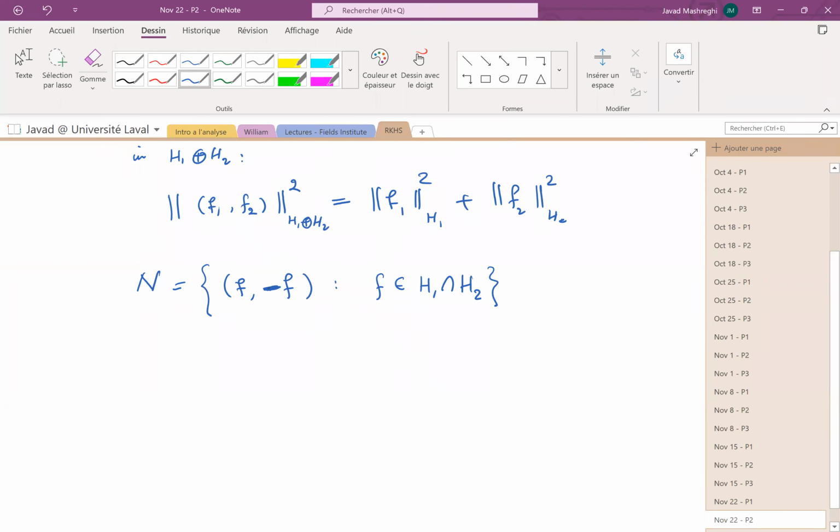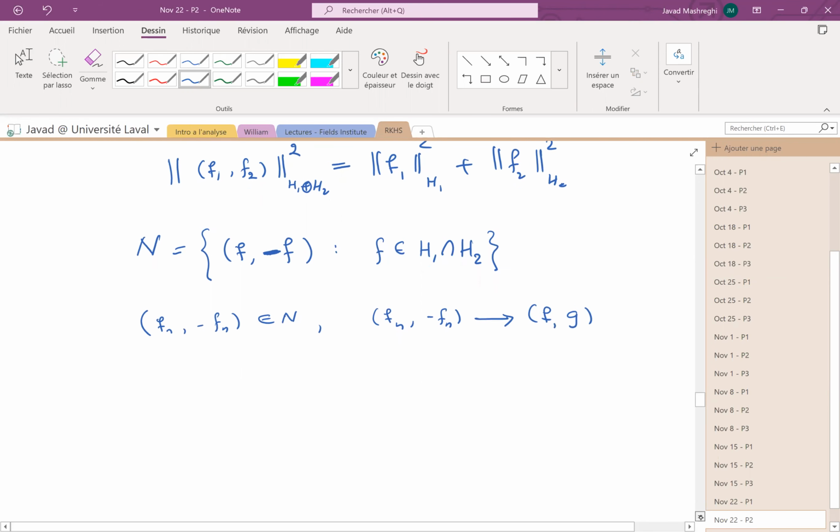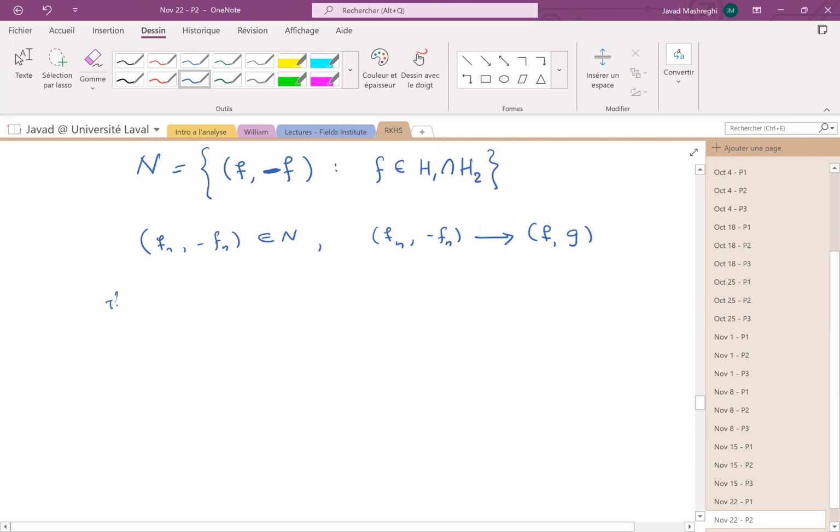It's also norm closed, because if fn and minus fn is in N, and converges to the pair f and g, then by the definition of convergence, the first fn should go to f in H1, and the second component, which is minus fn, should go to g in H2. True. That's the meaning of this convergence.